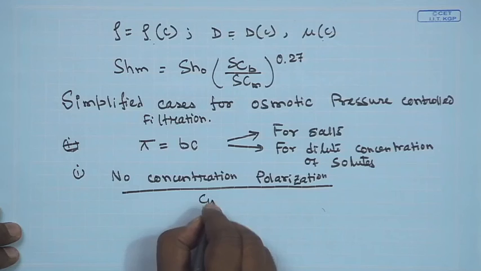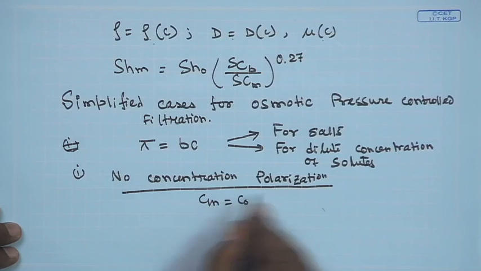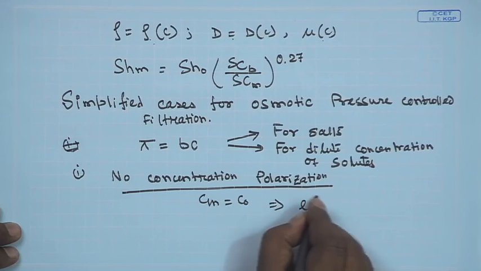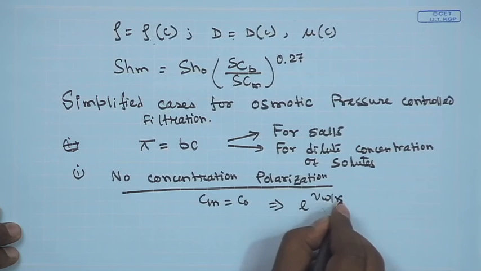It is a thoroughly mixed system, and there is no polarization of concentration from the bulk to the membrane surface. So, there exists no concentration polarization; everywhere it is the bulk concentration. So, how will you model that system? In that case, Cm is equal to C naught, and one will have exponential Vw by k equal to 1.